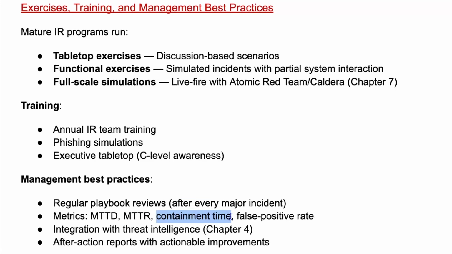The containment time is another key metric that you need to think about. So how long did it take for us to be able to contain the malware from spreading? And then the false positive rate is another key metric that we also need to address. In many environments, the false positive rate is above 70%, which is a lot of noise. If you can imagine that there are a lot of alerts coming up, but they're all false positives and they're distracting and they take up time and energy for you to verify whether or not they're actually a false positive.